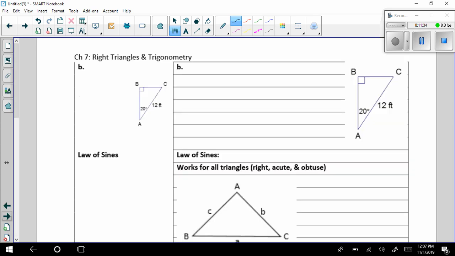All right, so let's do one more here. So here we have an angle. As far as what we're missing, we're missing AB, we're missing BC, and we're missing the measure of angle C. The measure of angle C is the fastest to find because we can take 90 minus 20, which is 70.